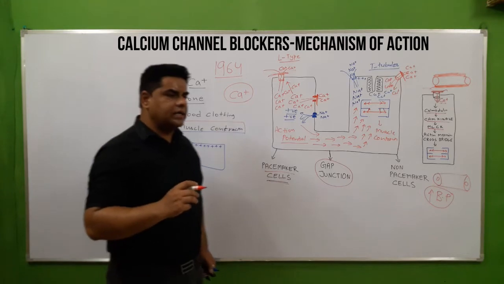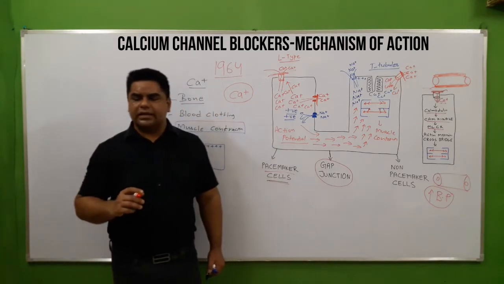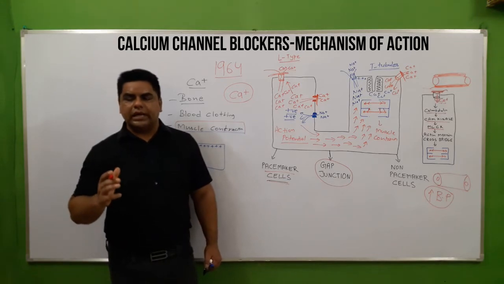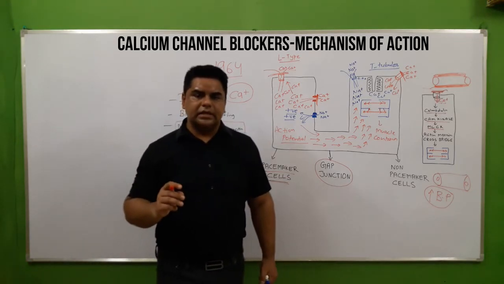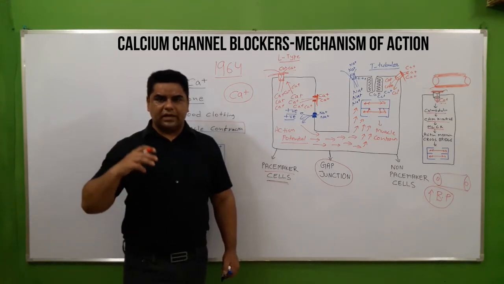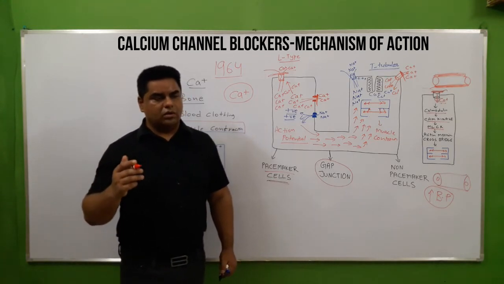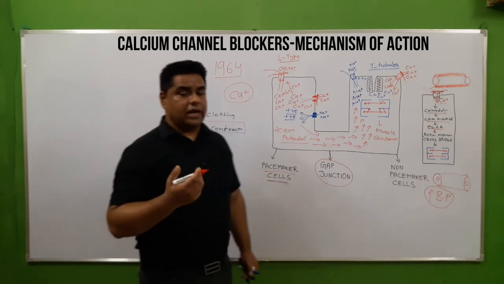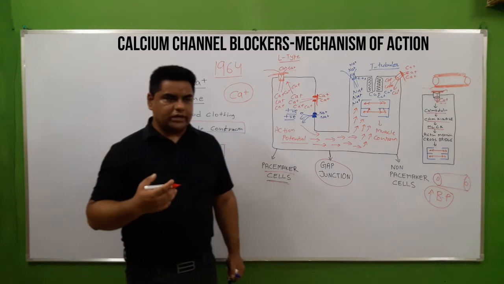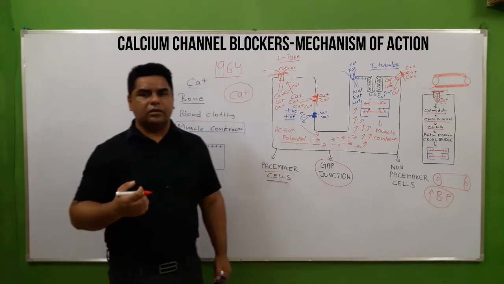We already have a video on ACE inhibitors and loop diuretics. In that video we discussed that patients with a hypertensive pattern, whose BP is high or rising, are prescribed loop diuretics and calcium channel blockers.